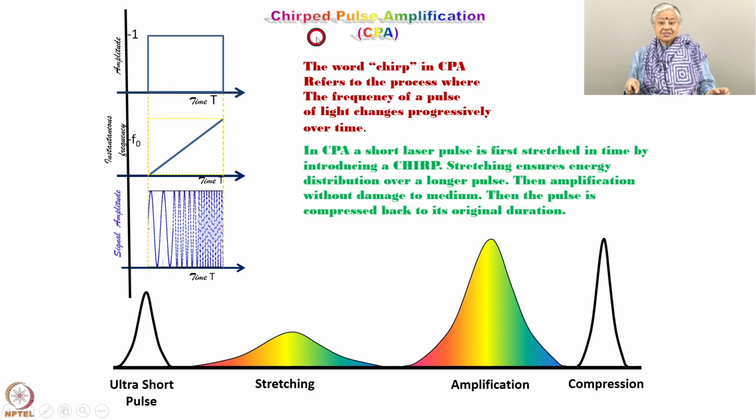Let me describe this chirped pulse through these graphs. This is a laser pulse in time, and this is the amplitude of the pulse.